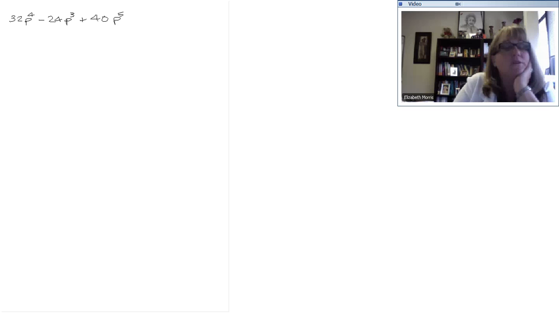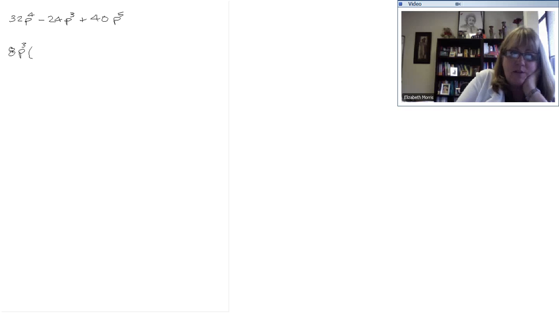All right, looking at all three, what can you take out? Well, between 32, 24, and 40, greatest common factor is 8. And do they all have p's? Yes, they do. What's the lowest exponent? A 3. So this is what I can divide out.